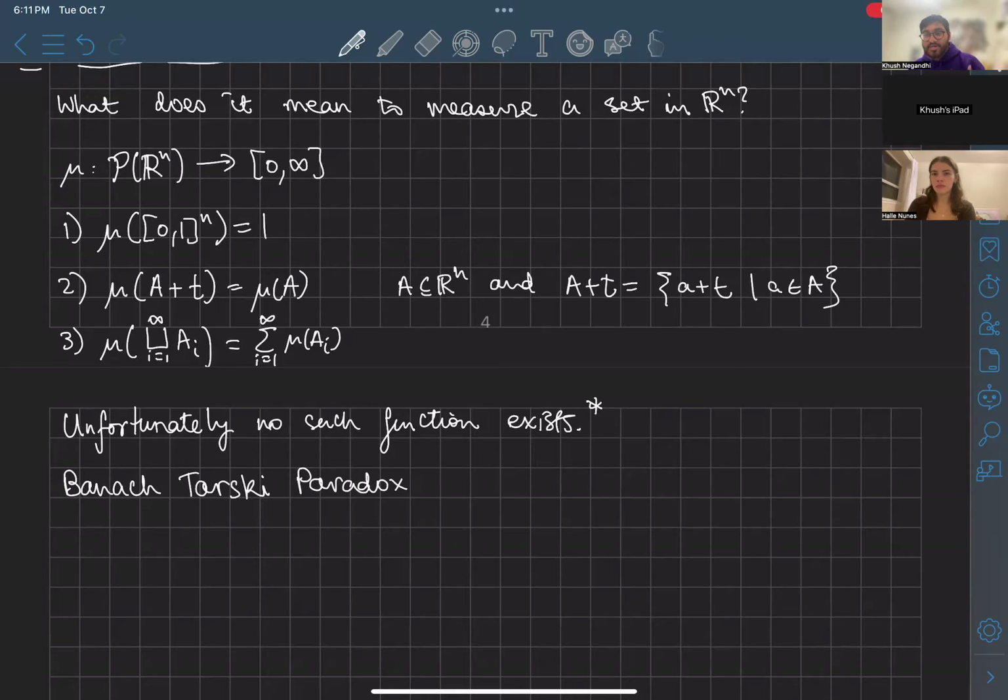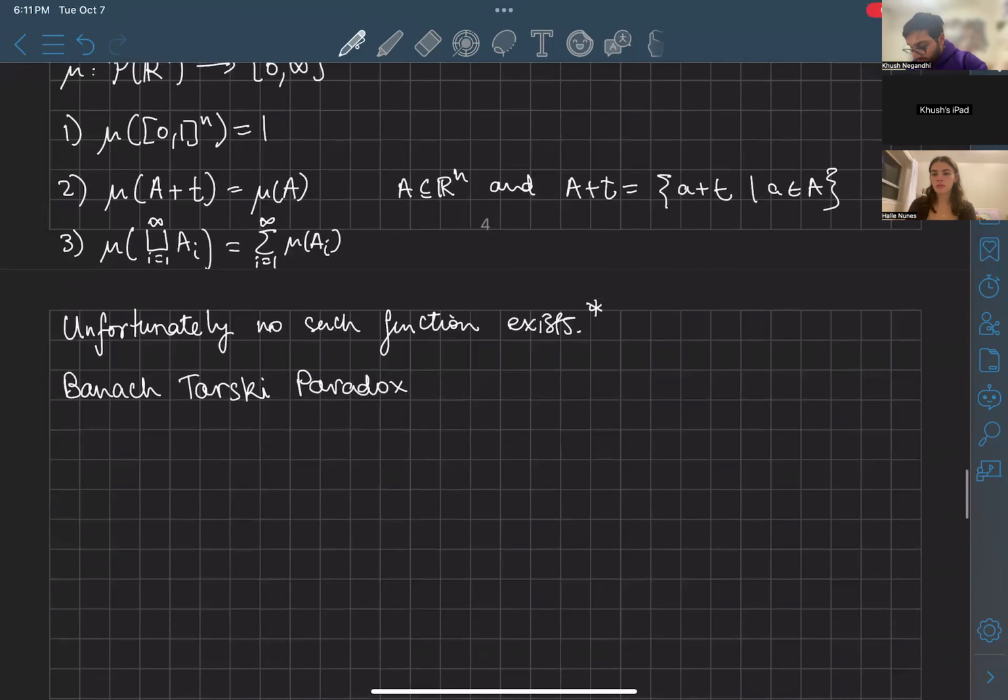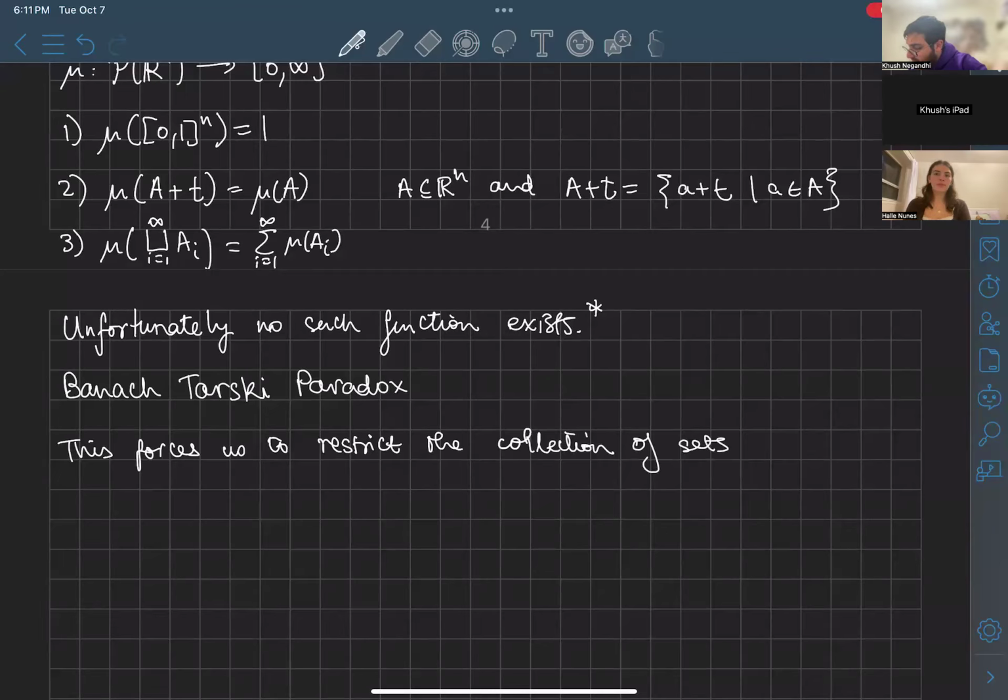The nicer approach is to restrict the class of sets. So this forces us to restrict the collection of sets we can measure. I'll call it the collection just because class means something else. Let's think about all the sets we can measure.